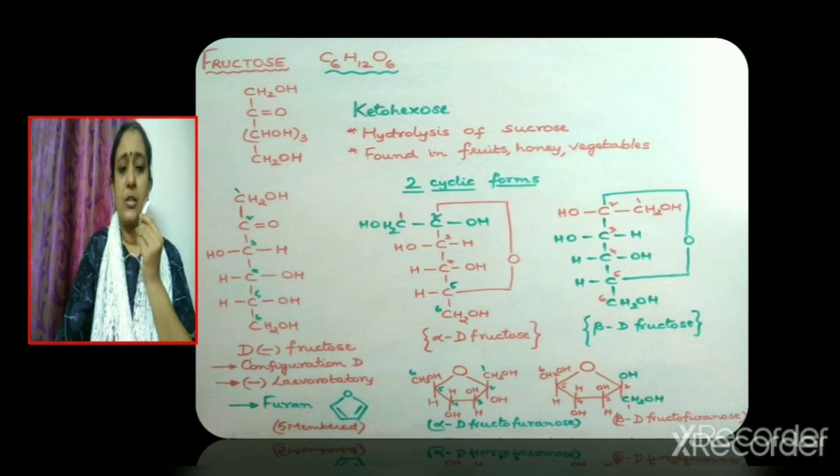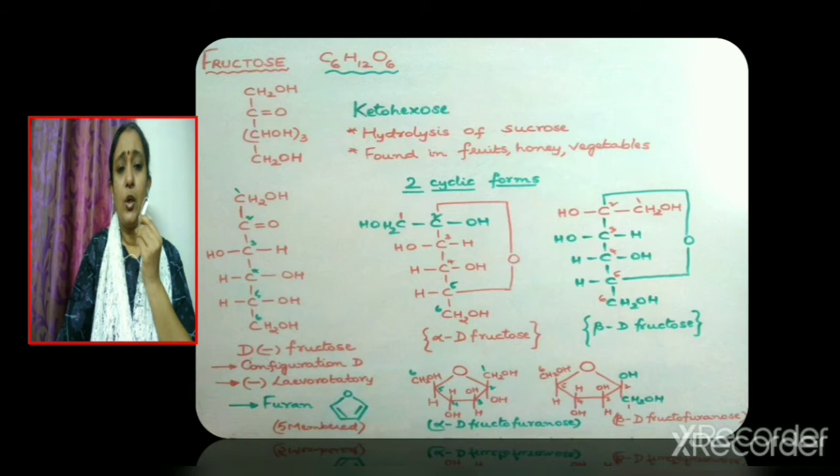We can show the spatial arrangement of hydroxyl groups in fructose. Just like in the case of glucose, the configuration or the spatial arrangement of hydroxyl groups is shown with respect to D plus glyceraldehyde. In the case of fructose also, we can show the spatial arrangement of hydroxyl groups with respect to D-glyceraldehyde. In D-glyceraldehyde, the OH is shown on the right hand side.